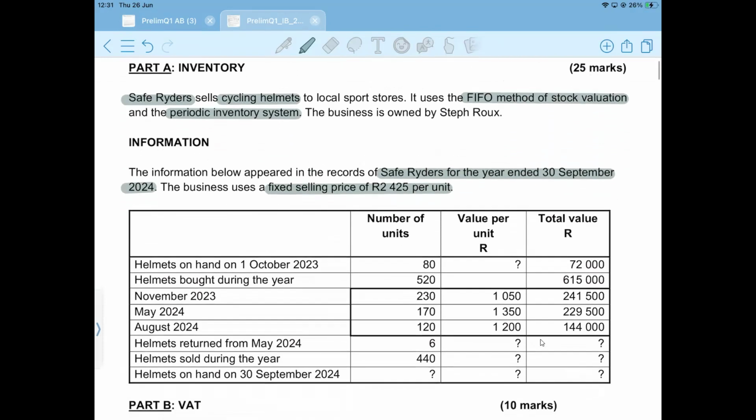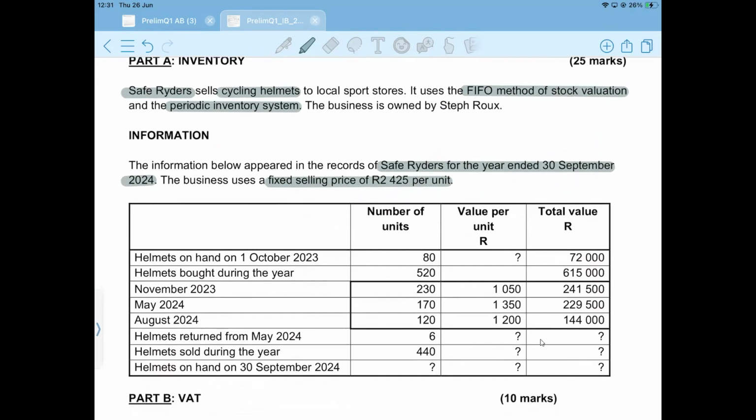And they give us information here about helmets on hand on the 1st of October 2023. Please note that the 1st of October 2023 will be the beginning of the year because the end of the year is the 30th of September.